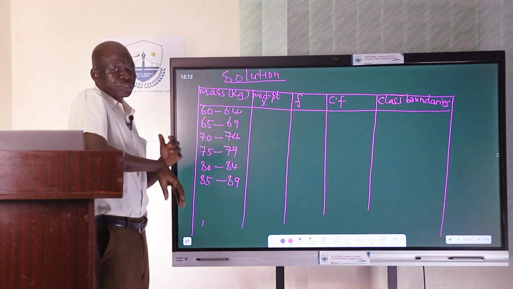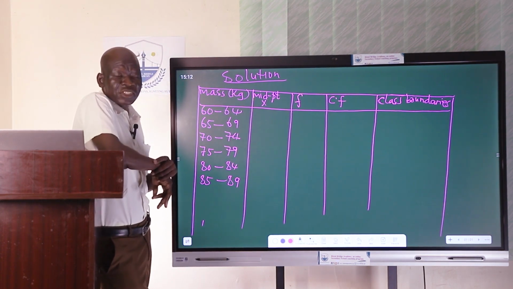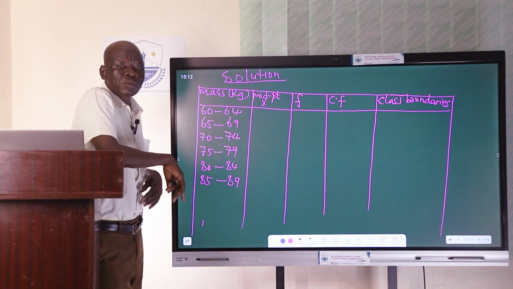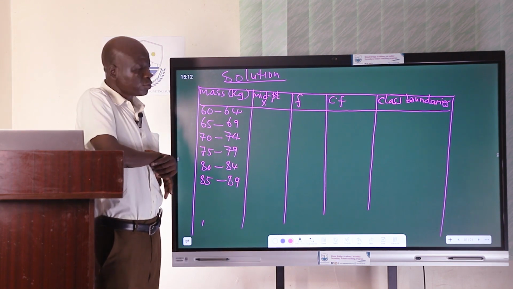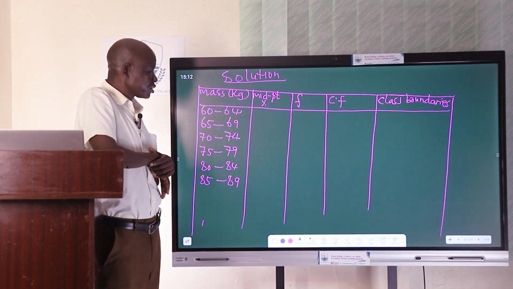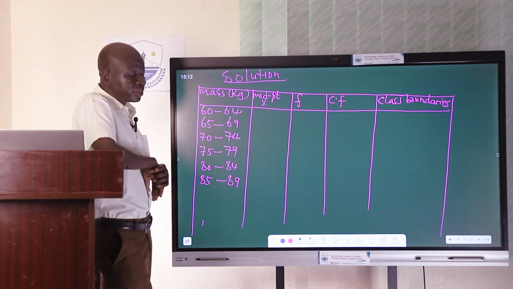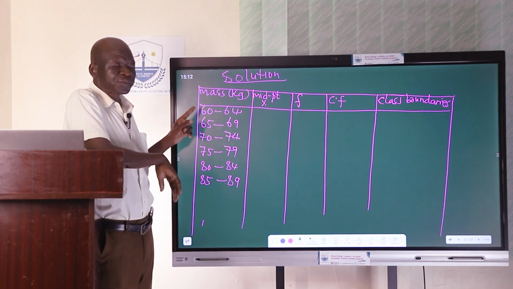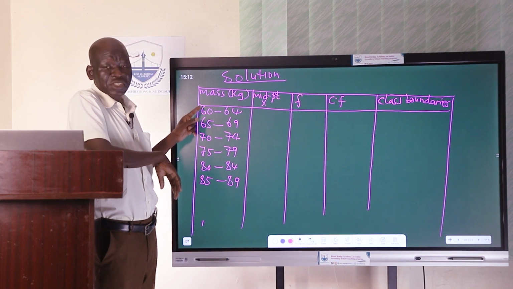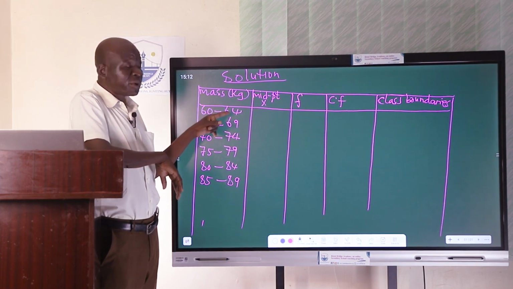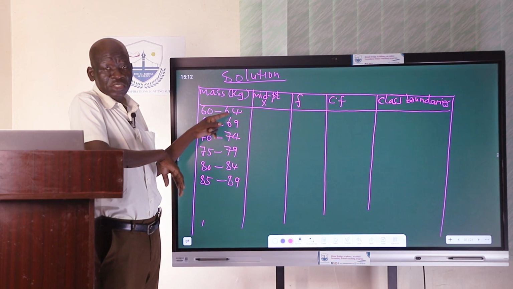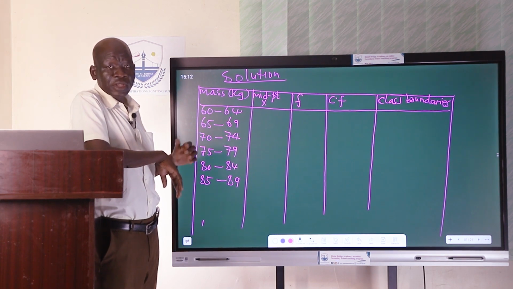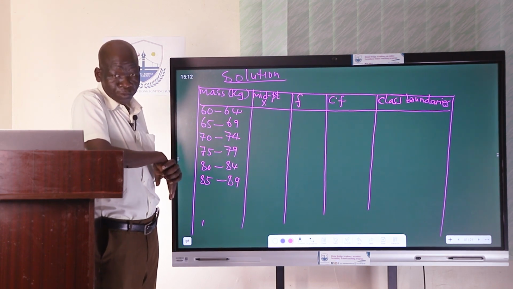From these classes, we obtain the midpoint, represented by letter X. To obtain the midpoint, we add the lower class limit, which is 60, to the upper class limit, which is 64, then we divide by 2.